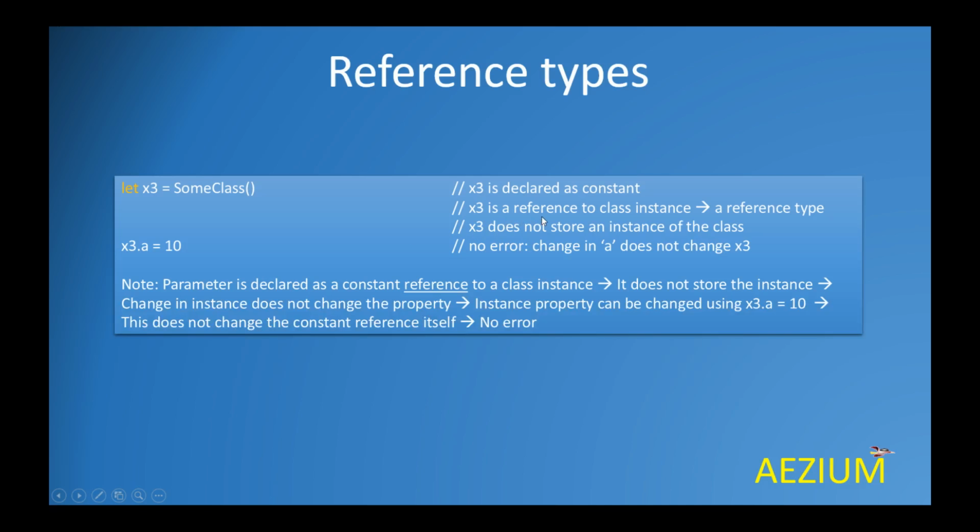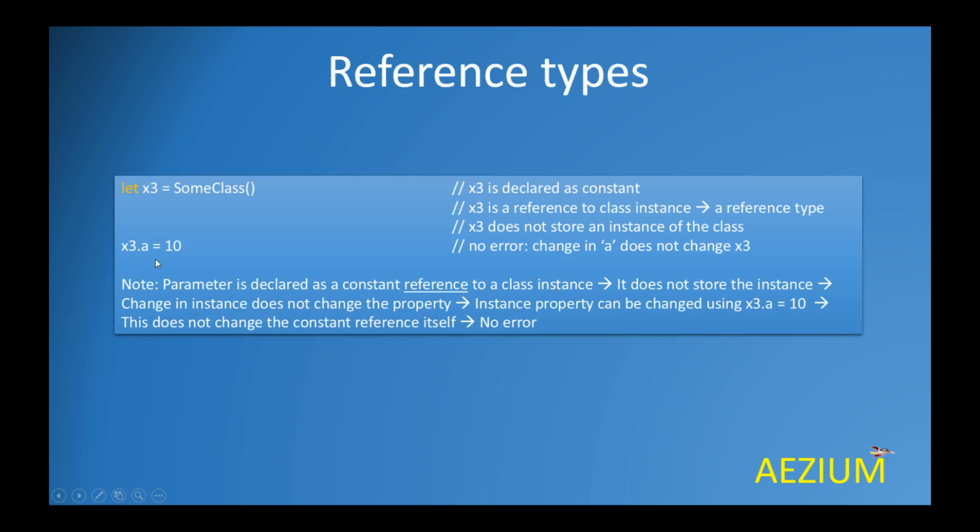Then x3 is a reference to a class instance, and a class is a reference type. This means that x3 does not store the actual instance of a class. x3 is the name, it acts as a pointer to that instance. It doesn't store the instance itself. It doesn't store the properties of the instance.